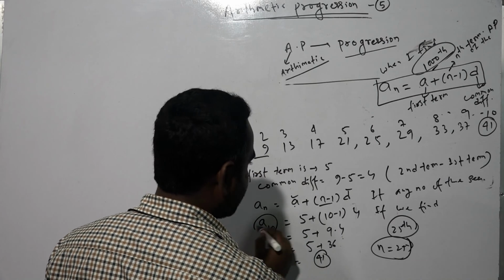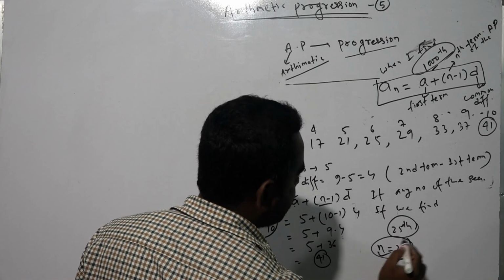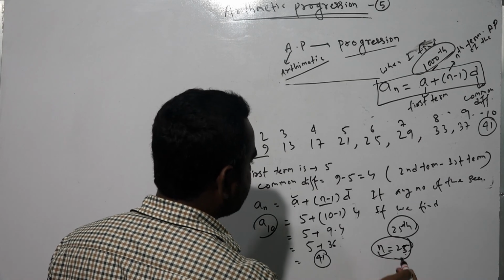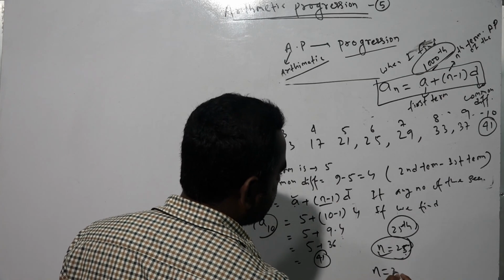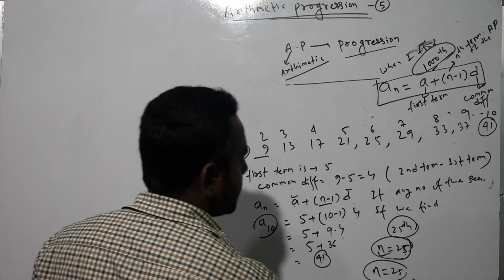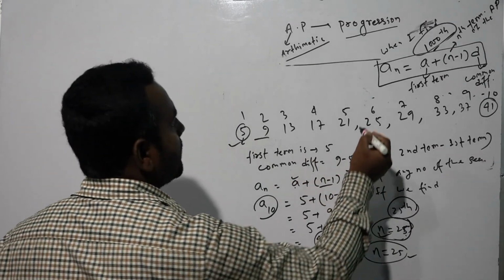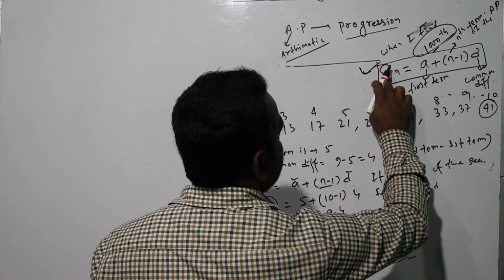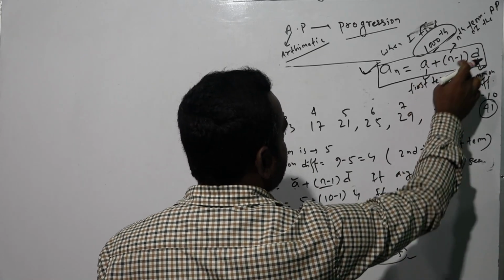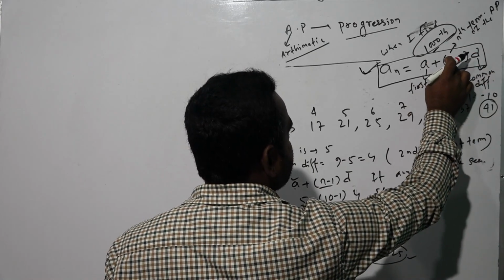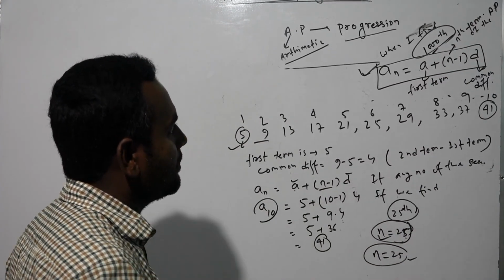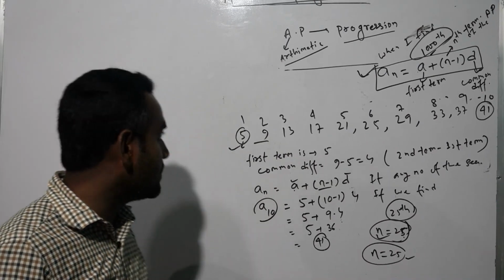Here we found the 10th term and here the 25th term, so we put n equal to 25. This is the formula of the arithmetic progression: a_n equals a plus n minus 1 into d, where a is the first term, d is the common difference, and n is the nth term of the progression. Okay, this is the end of the video.